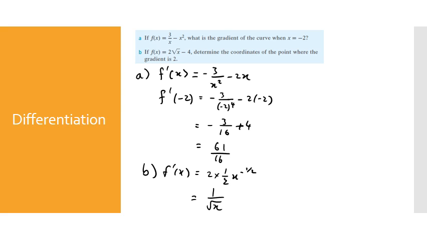Then we're going to find where the gradient is equal to 2. So f dash of x is equal to 2, but remember f dash of x is 1 over square root of x. That means we can solve for x.